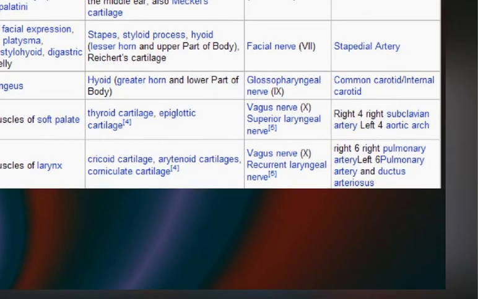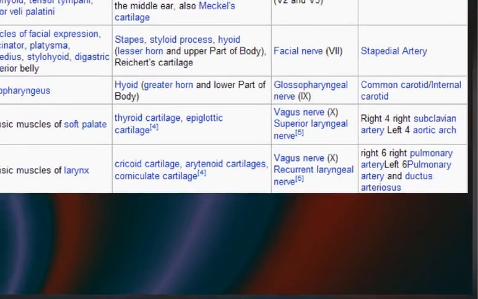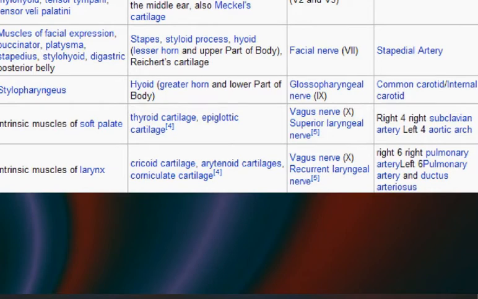These are some of the cartilages of the larynx. The cartilages of the larynx include thyroid cartilage, epiglottic, cricoid, arytenoid, corniculate. All these cartilages are called laryngeal cartilages, or the cartilages of the larynx.